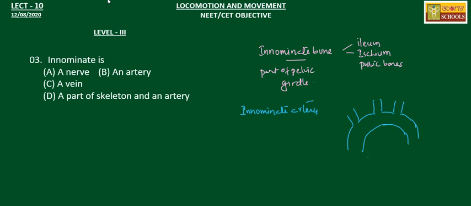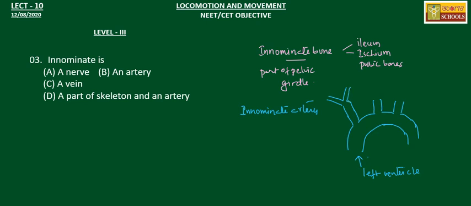This is from the left ventricle, and it is carrying oxygenated blood to all parts of the body, and this one again will divide into two branches.